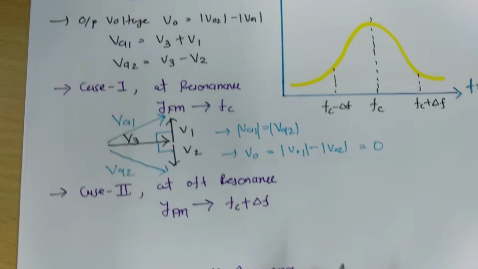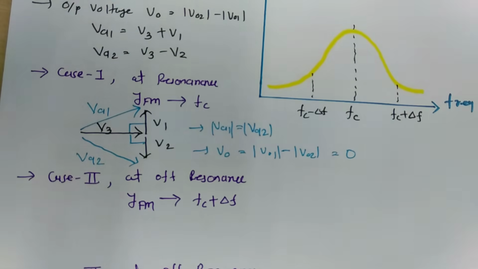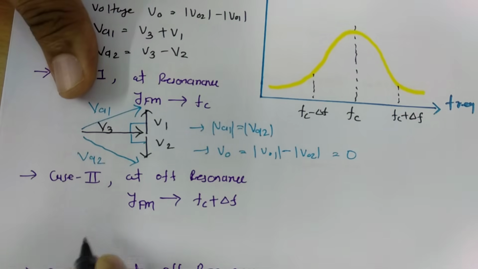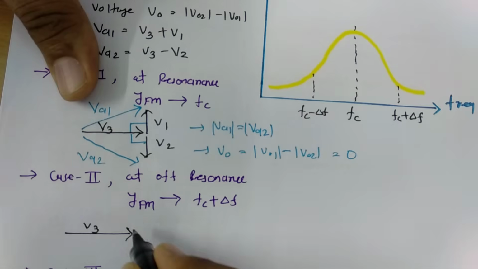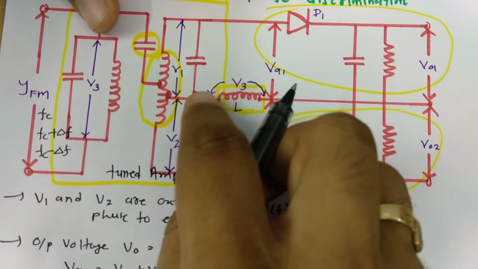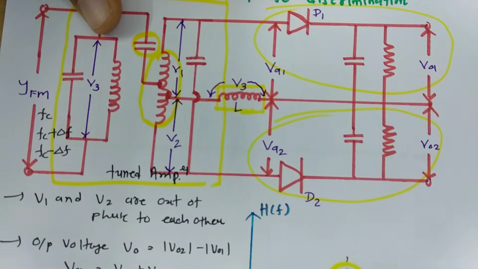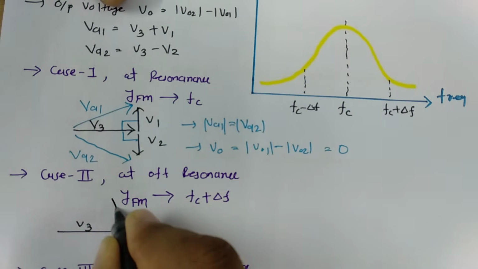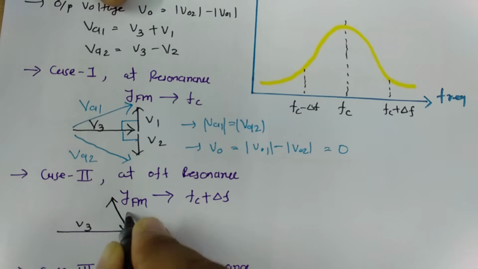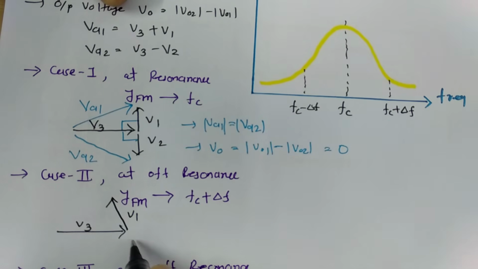So let us try to understand how it will increase and decrease. For that, say this is my V3, and as I have told, the phase between V3 and V1 will decrease. So over here, this is how it will decrease. This is V1, and as V1 and V2 are out of phase, this phase will increase.